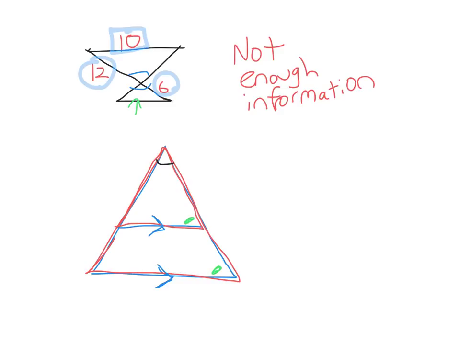They are corresponding. So once you have 2 pairs of equal angles, the third pair must also be equal because the angles in any triangle add to 180. So if the black angle is equal in both triangles and the green angle is equal in both triangles, then these 2 angles must be equal as well. So these 2 triangles, the smaller one and the larger one, they are similar by the AAA test.